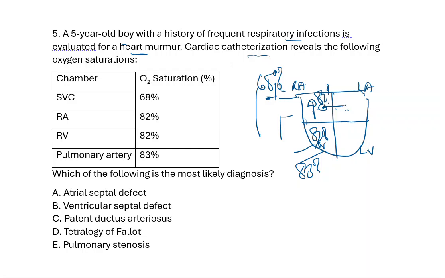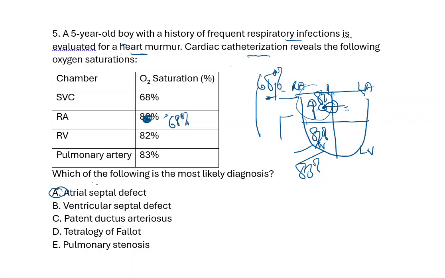So that means oxygenated blood is coming from the left atrium into the right atrium, thereby increasing the oxygen saturation in the right atrium. So based on that, I think this patient has an atrial septal defect. So the best answer there will be A.